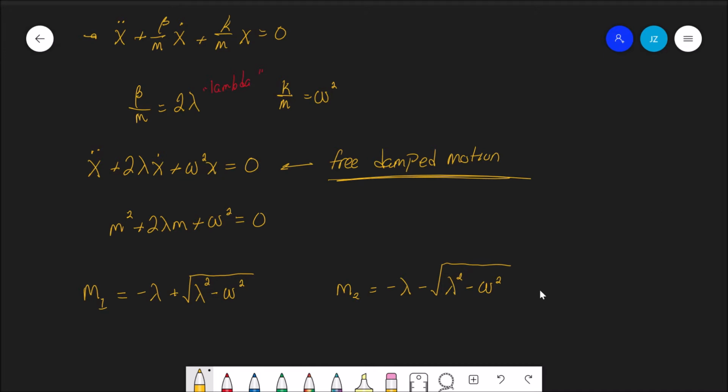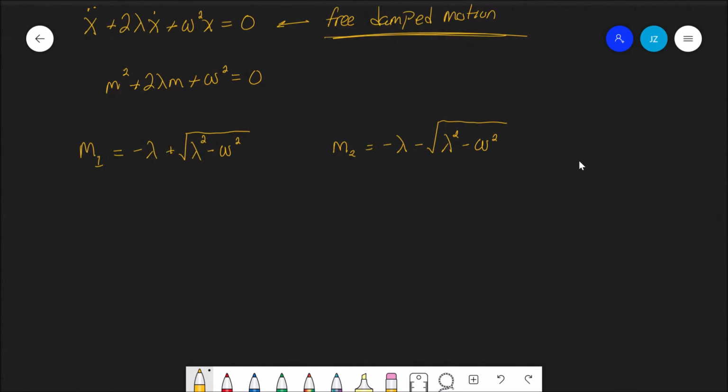So we have three cases. We could have lambda squared minus omega squared greater than 0. We could have lambda squared minus omega squared being 0. Or we could have lambda squared minus omega squared being less than 0. We are going to study each of these three cases individually.